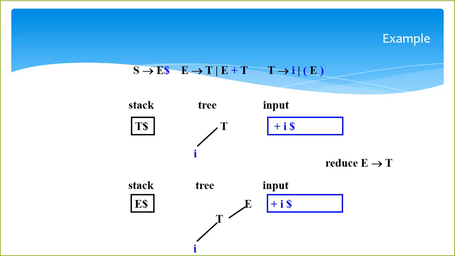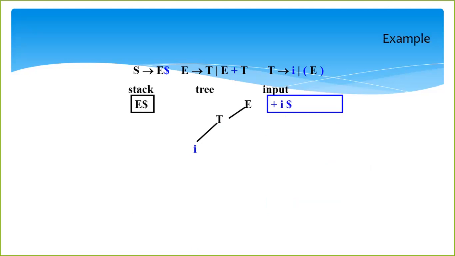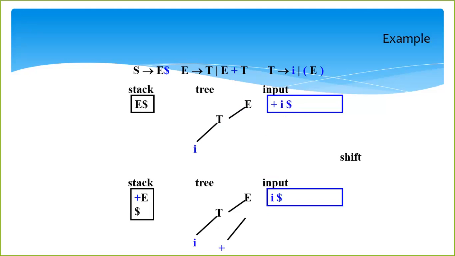Right. So now, if we proceed further, you might have understood what needs to be done next. We again need to perform another operation, the corresponding shift operation, and plus is shifted in the following way.